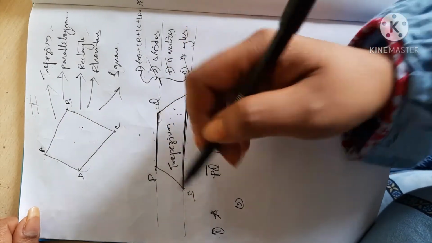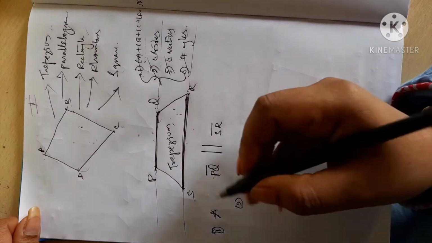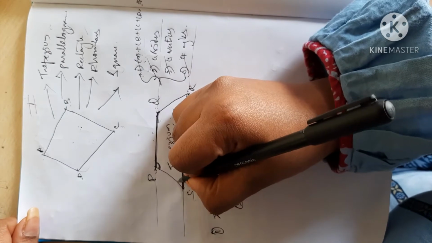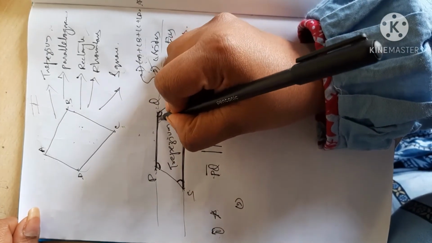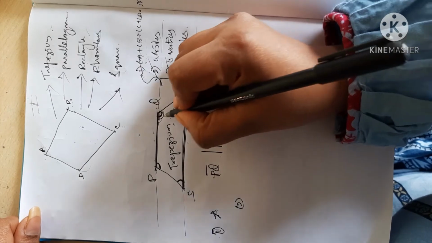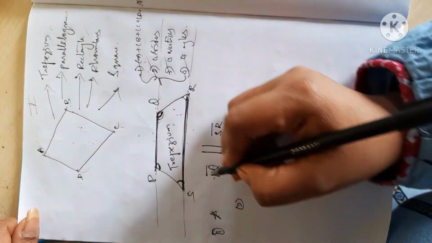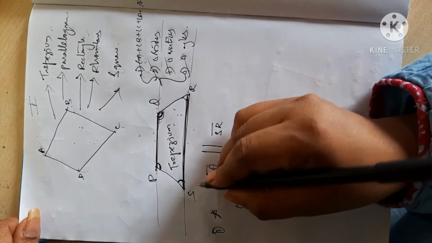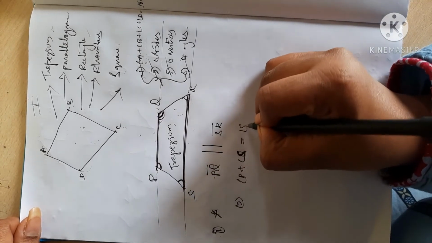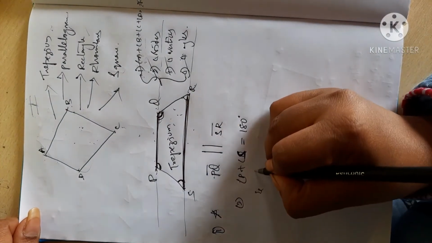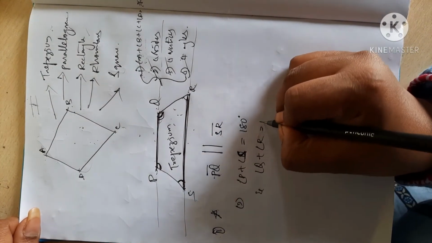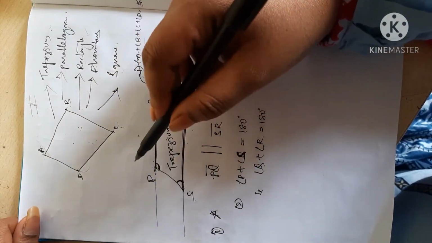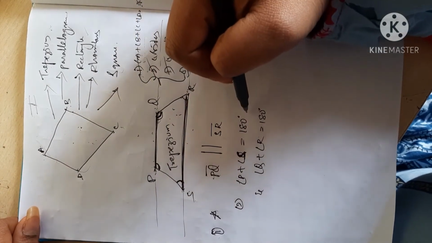One pair of opposite sides are parallel, and now angle P's adjacent angle is angle S. Angle Q's adjacent angle is angle R. So angle P plus angle S is equal to 180 degrees, and angle Q plus angle R is equal to 180 degrees. The sum of two pairs of adjacent angles is 180 degrees, meaning supplementary.